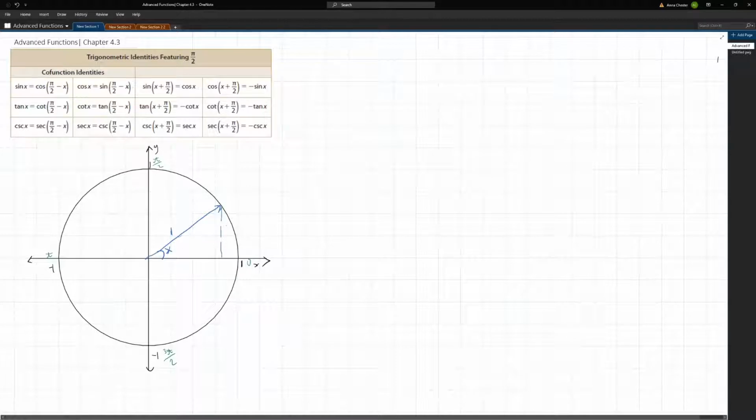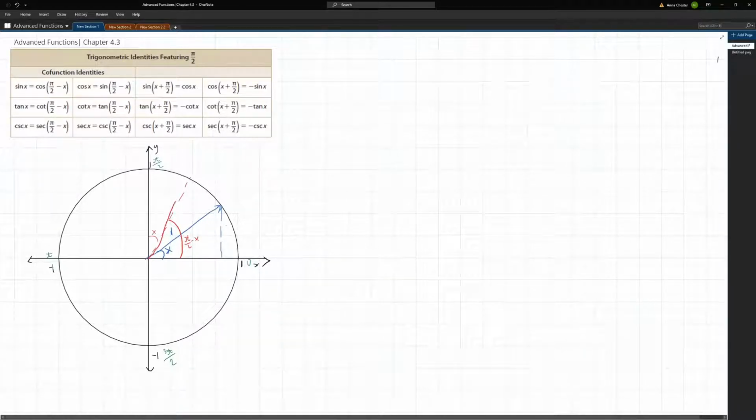So from here, we're saying that pi over 2 minus x is our new angle. Since this is x, we could actually make a new triangle or a new angle and see that this is x, right? So pi over 2 minus x would actually make us have this new angle over here, which is pi over 2 minus x.